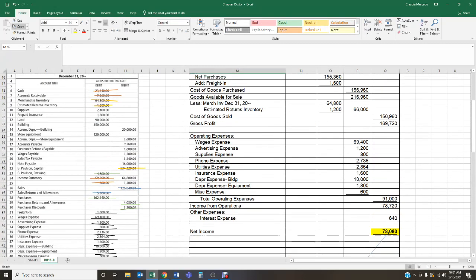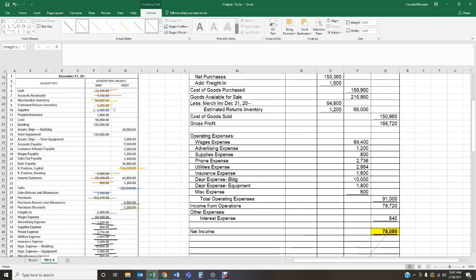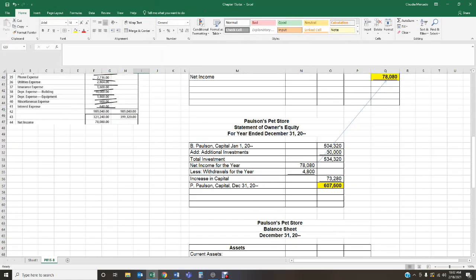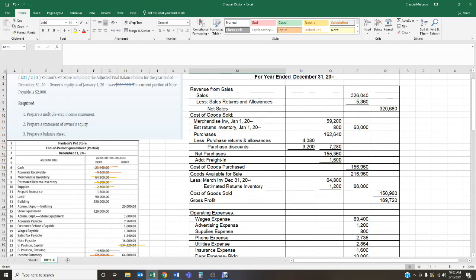We've got prepaid insurance of 1,800. Remember, these are assets that are going to be either collected or used up within a year. Prepaid insurance, 1,800. Let's see, what else do we have?